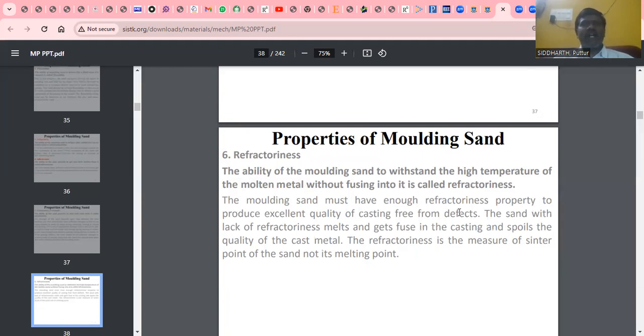So whatever molding sand is used in the sand casting process should withstand that high temperature. Otherwise, if it has less refractoriness, it will melt, and that should not take place in the casting method. Refractoriness means the ability to withstand high molten temperatures without any melting.